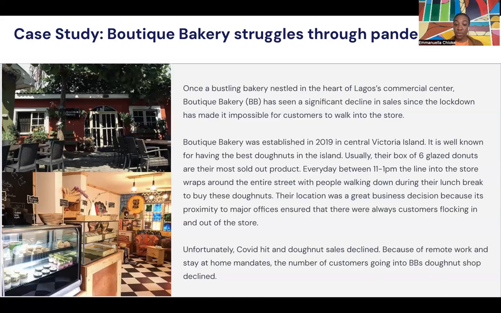Unfortunately, COVID hit and the donut sales declined. Because of remote work and stay-at-home mandates, the number of customers going into Boutique Bakery's donut shop has declined, right? So we've seen a similar example to what I've been giving: this is a business whose primary sales channel was their shop. People would come into the shop, and a lot of people would come into the shop. But now that we are living through a global pandemic and there are stay-at-home mandates, people can't come out into their offices as much as they used to, and people are working from home.